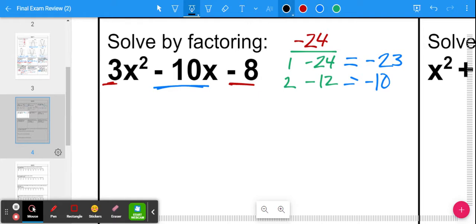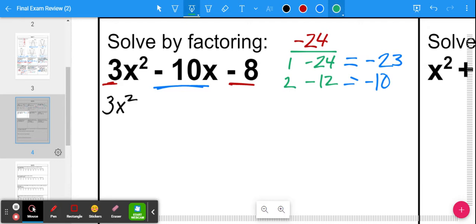Now, because your a value is 3, not 1, we have to break it down into our box thing. So I like to write out all 4 terms of this before I set up the box thing, because then you can see where every part of the box thing comes together. So I have 3x squared brought straight down from my equation.